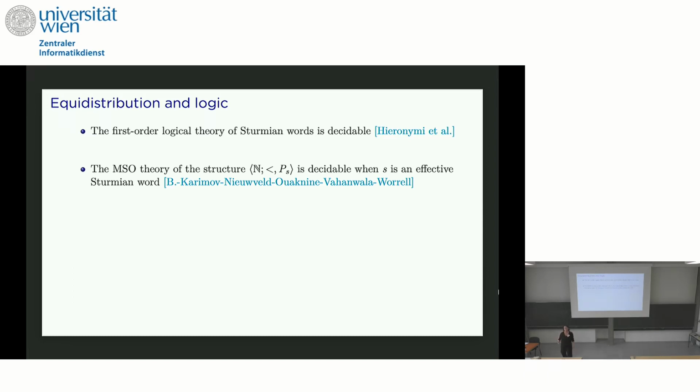The argument behind it is just to say that you add to some MSO theory a predicate P_S, which says what the value is at the nth term of the sequence.